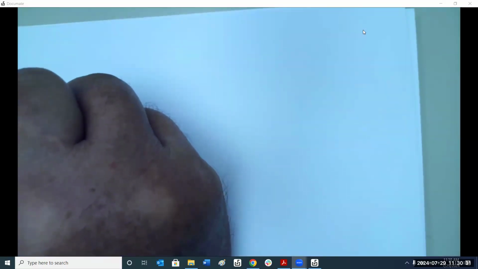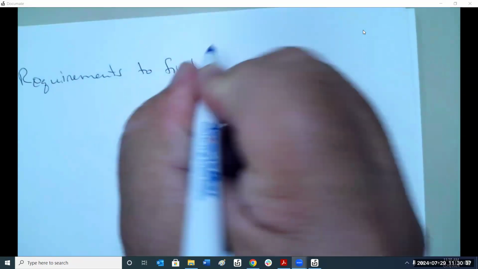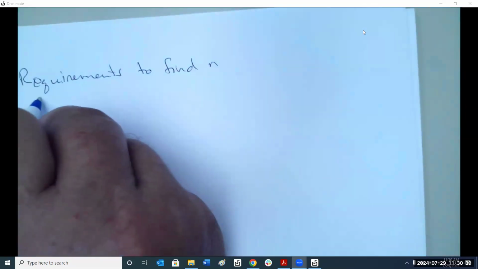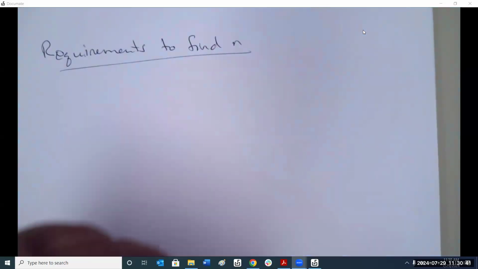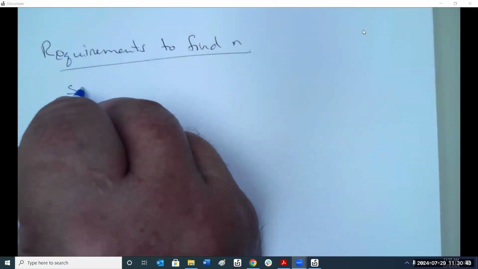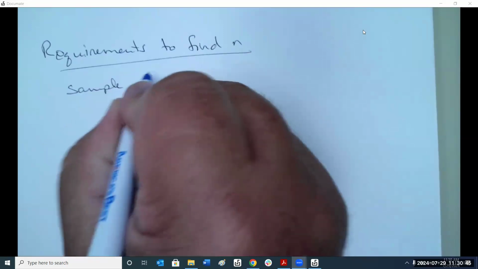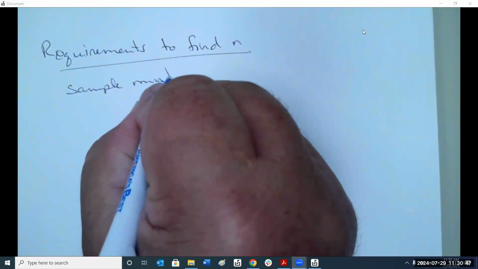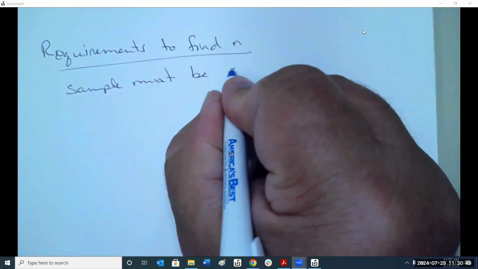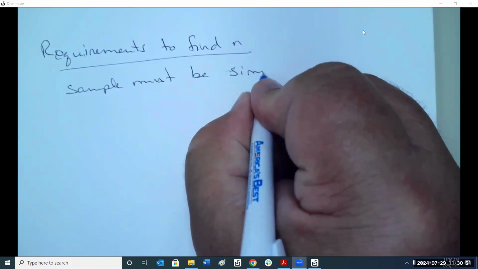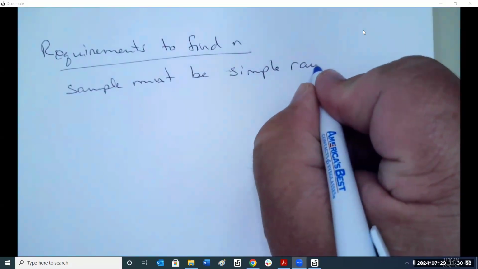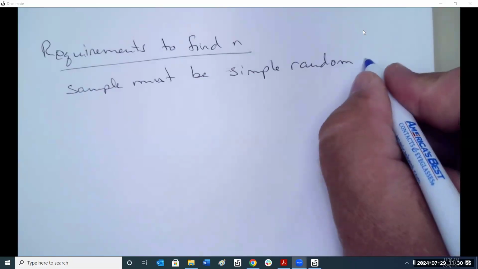But the requirements to do that, to find the n, the requirements. Sample must be a simple random sample.